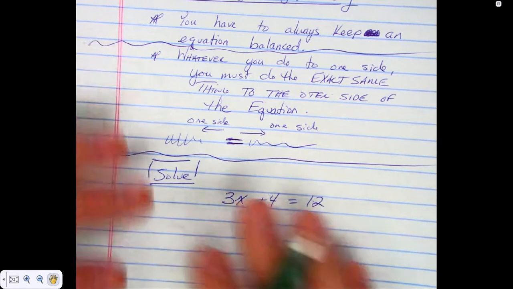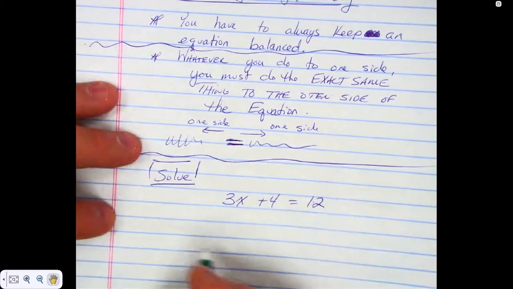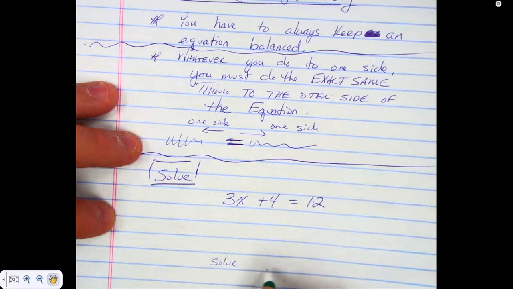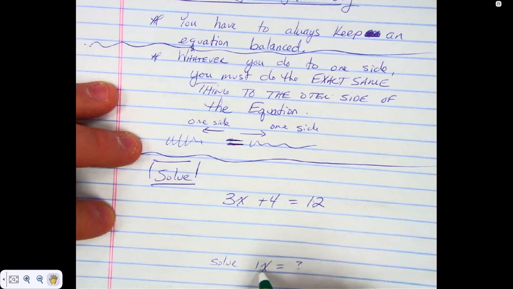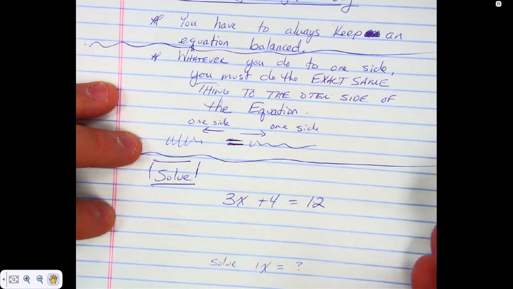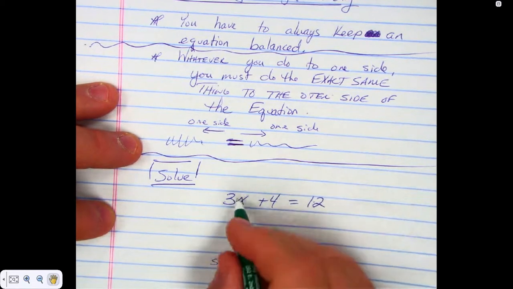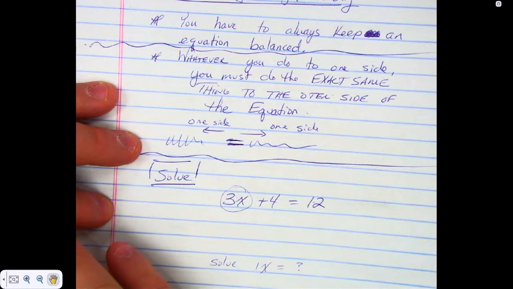Basically, to solve the equation, you're going to make it look like x equals something, and then there'll be something over here. So you want a 1 in front of the x, and you want it by itself on the left side. So the first thing we do, get the x terms by themselves on one side of the equation.